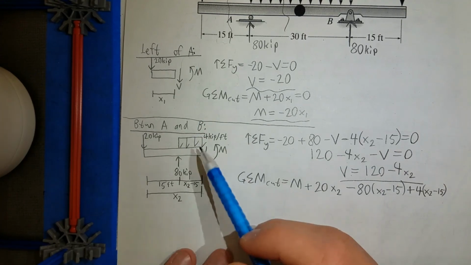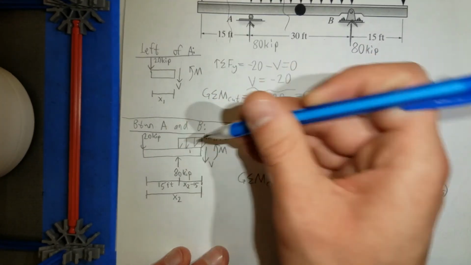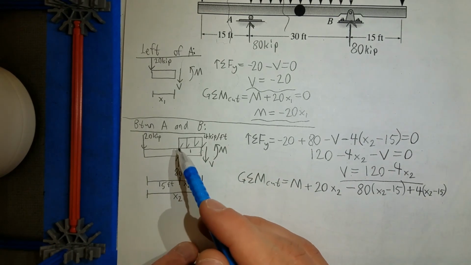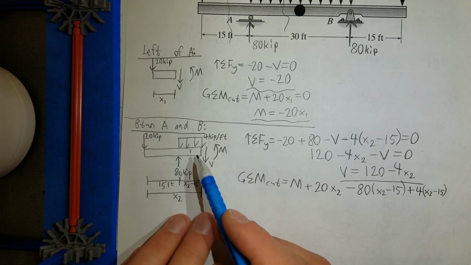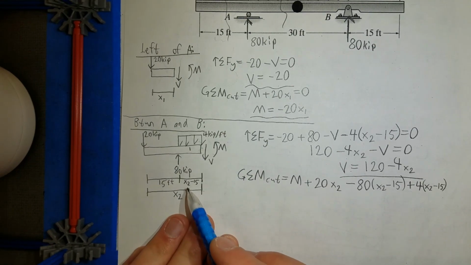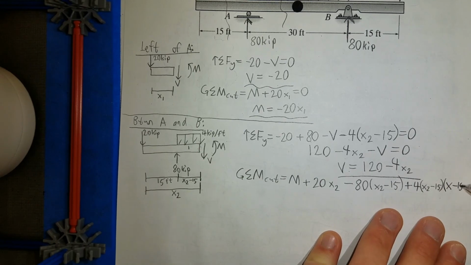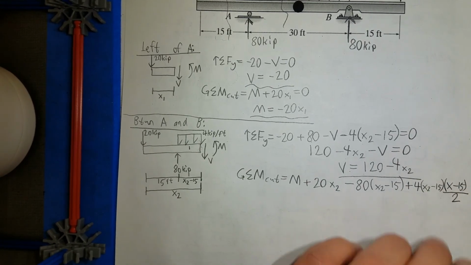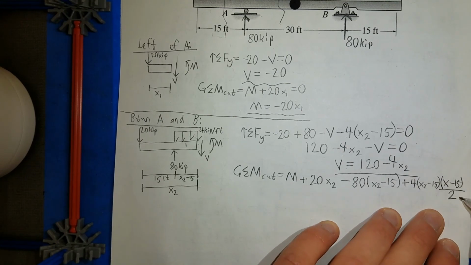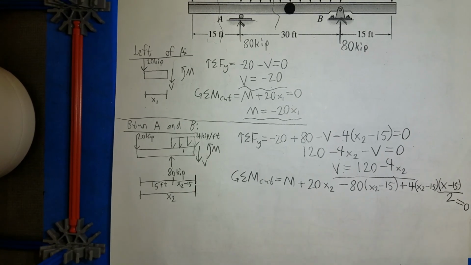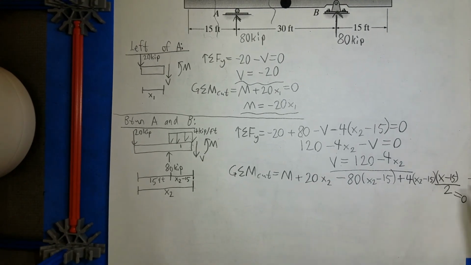And then as far as the distance where it's acting, we know that it's always going to be halfway, right in the middle of the distributed load if it's going to be a rectangular shape like that. So halfway through is going to be x2 minus 15 divided by 2. All right, and those are all the forces that will be causing a moment, so that's going to equal 0. And this is where it gets a little bit difficult, with a lot of things to add here.